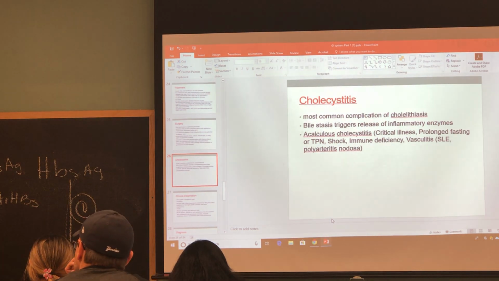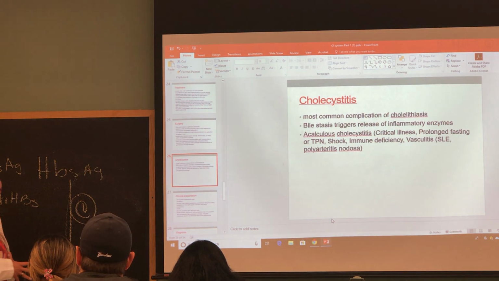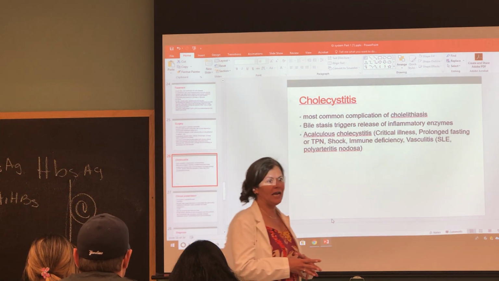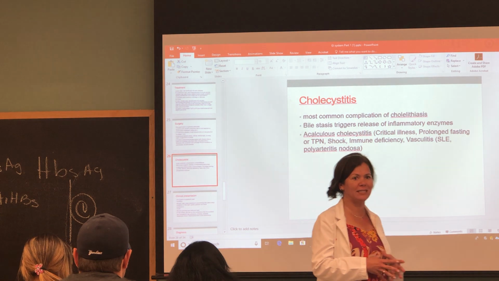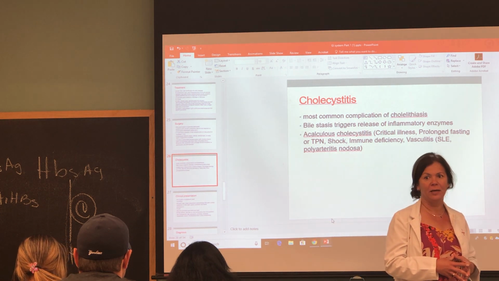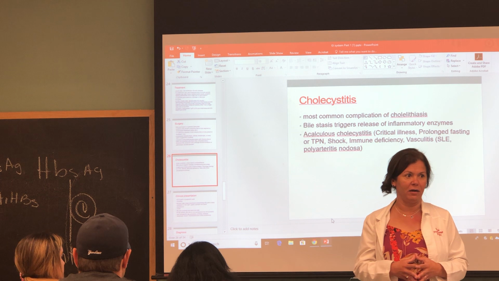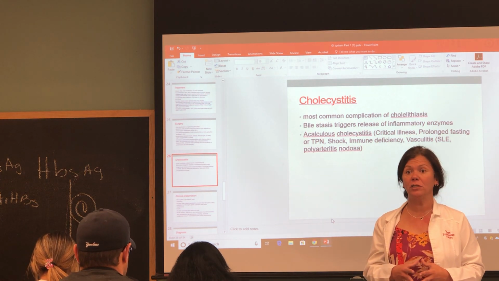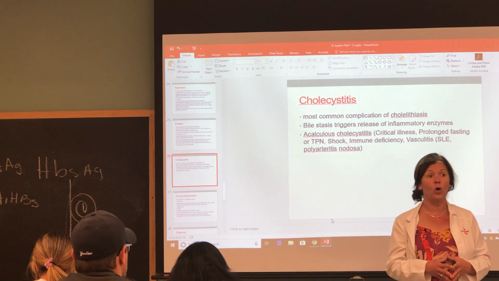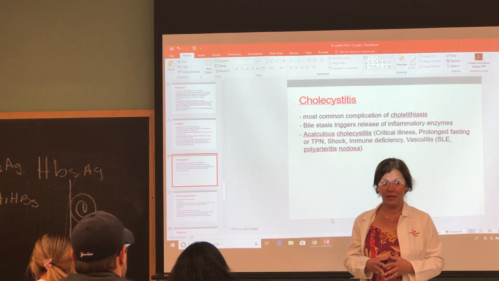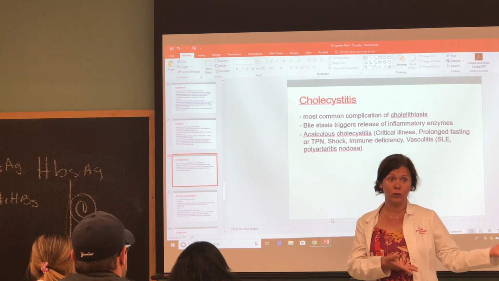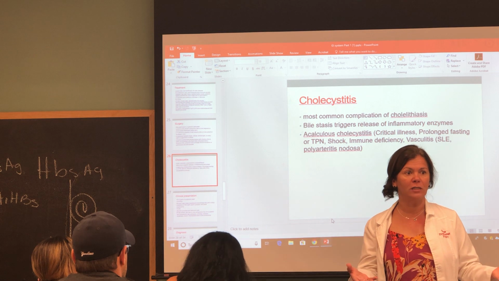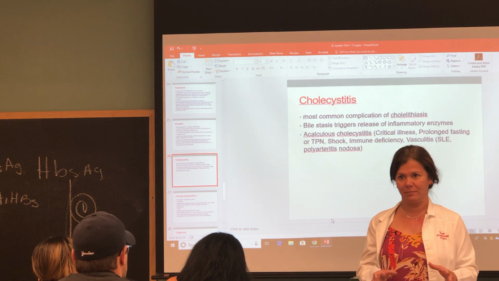So what I'm trying to tell you is that patients that are critically ill, that at any point have had any hypotensive or hypovolemic state, not only can have elevation of the liver function tests, but can also end up with cholecystitis, okay, complicating the case of this critically ill patient and producing an inflammatory process without a visible calculi.